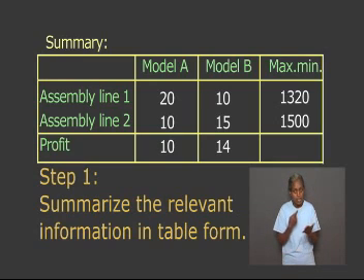Thus, on assembly line 1, the total available time is 1,320 minutes, and the total available time on line 2 is 1,500 minutes.